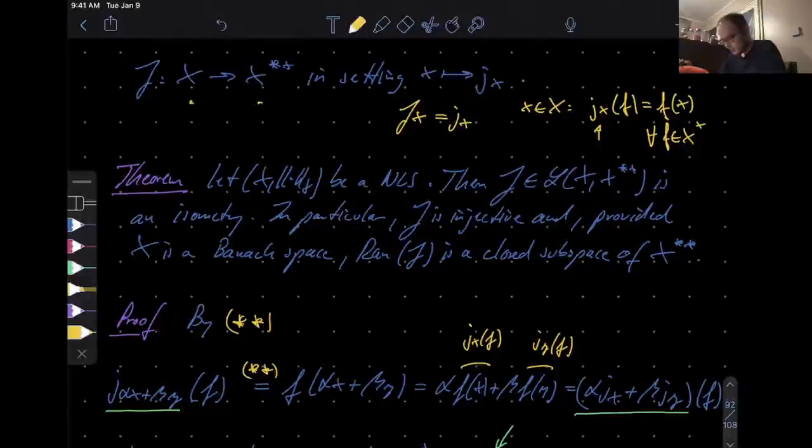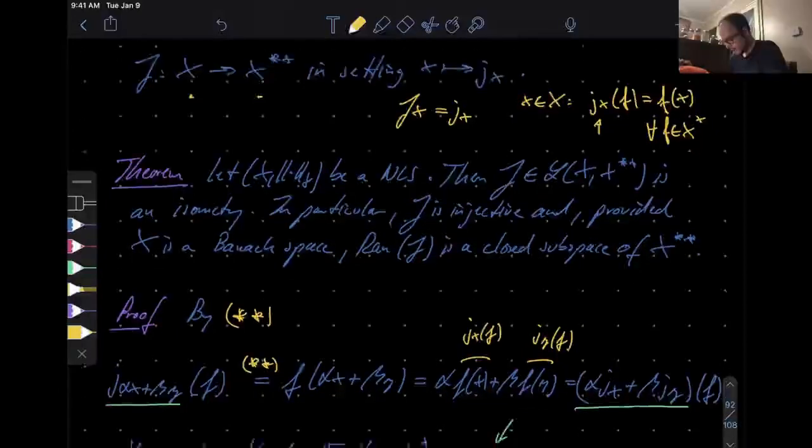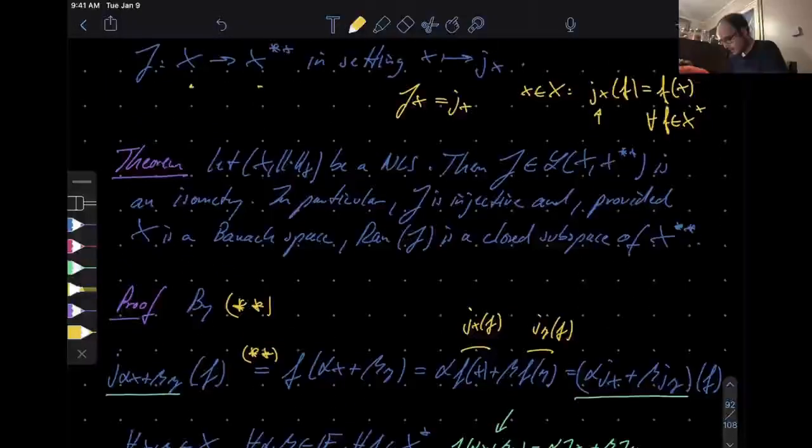Once you had established that it's an isometry, then you get for free that it's injective, because all isometries are injective. And now we still have to establish the last part, that is, if that normed linear space is complete, so a Banach space, then the range is a closed subspace of the bidual.